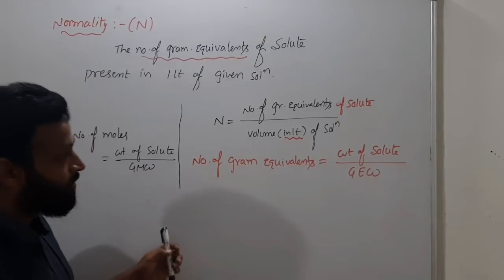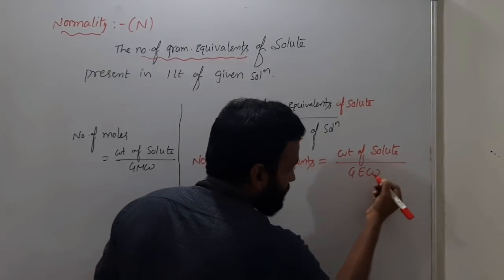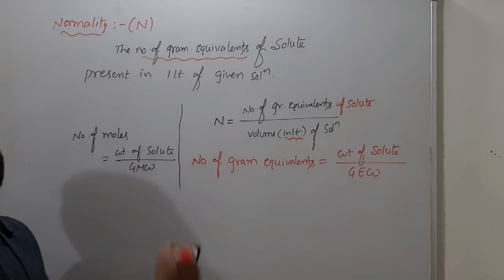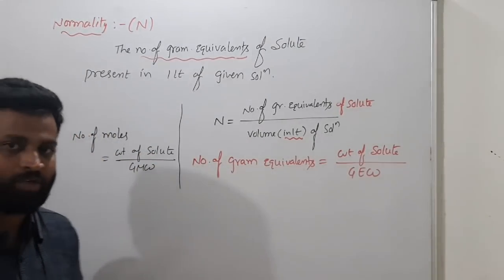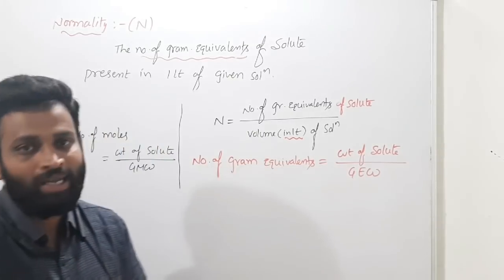Number of gram equivalents means weight of solute by gram equivalent weight. That is the only difference between molarity and normality.